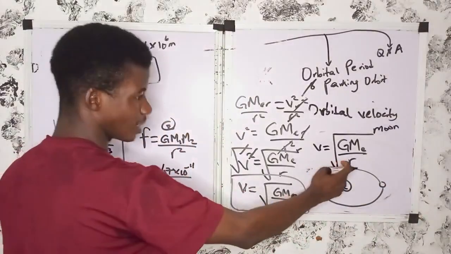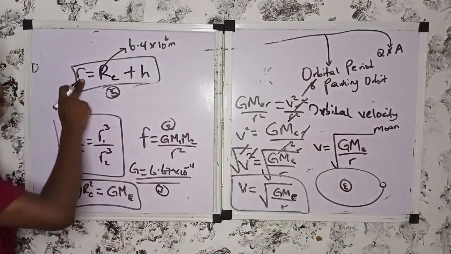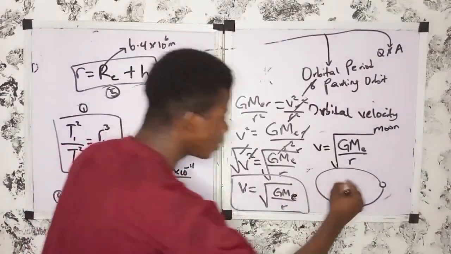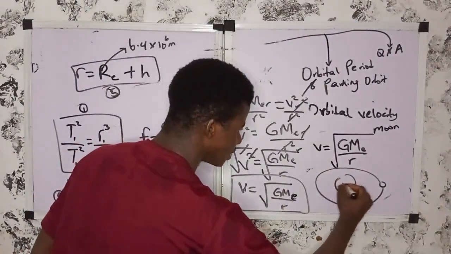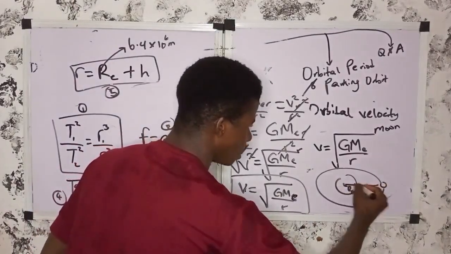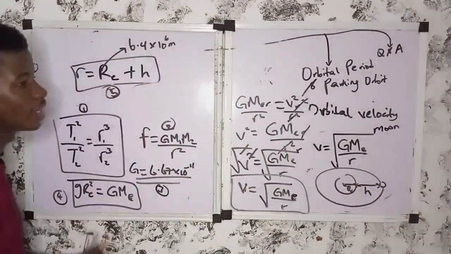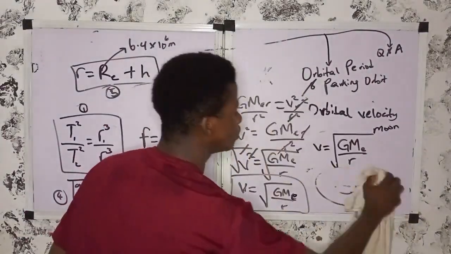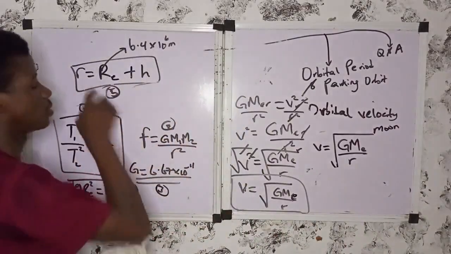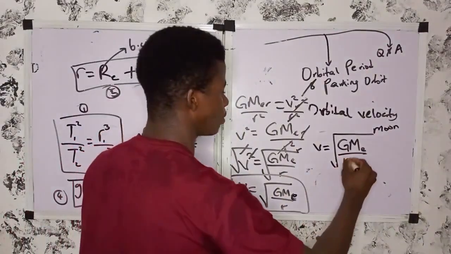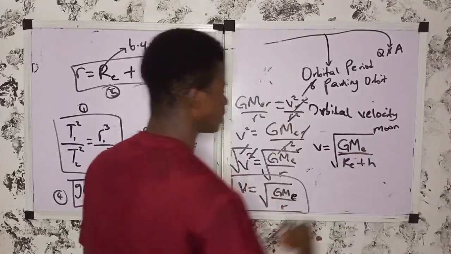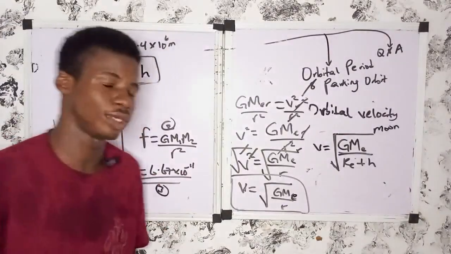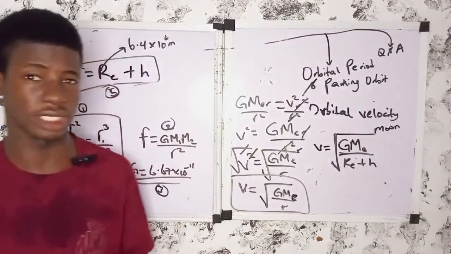This r is equal to the radius of the Earth plus the altitude. So in the place of r, I will put R_E plus altitude. So this is the formula for orbital velocity. Orbital velocity is equal to what?